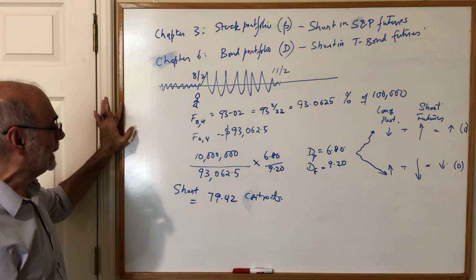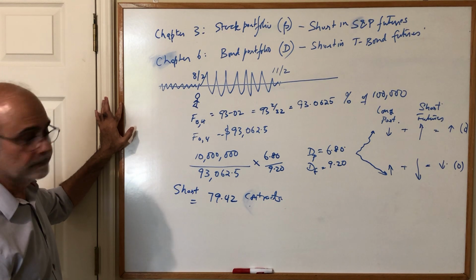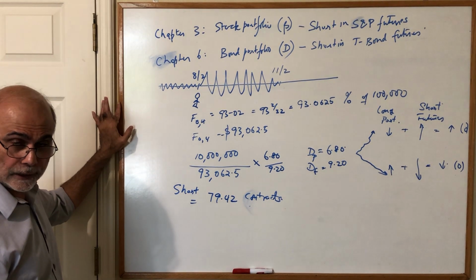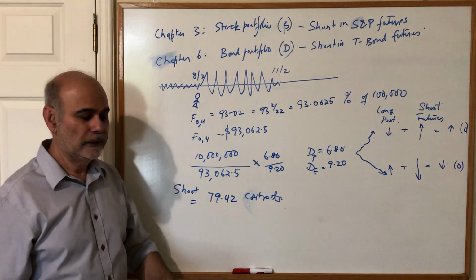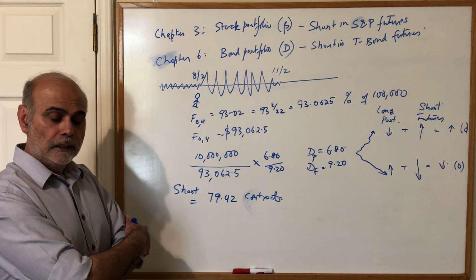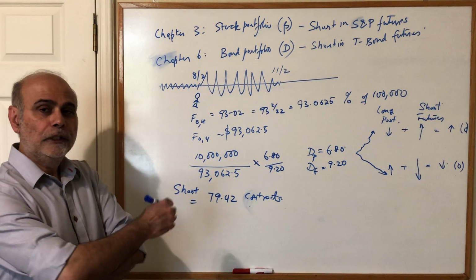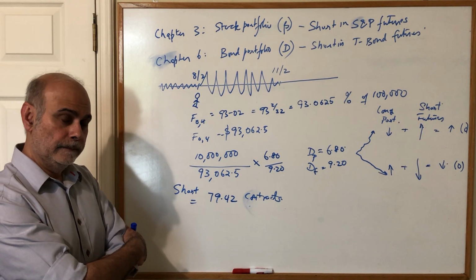Okay, so that ends chapter 6. In terms of the problems that you should be comfortable doing, summarizing this: you need to be able to solve for the accrued interest, solve for the conversion factor. You need to be able to solve the problem about the cheapest to deliver.